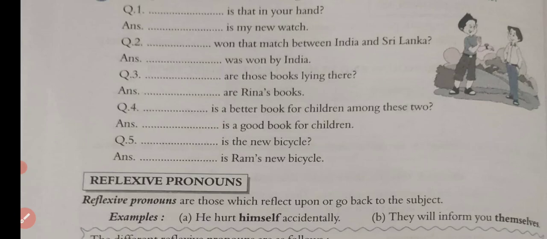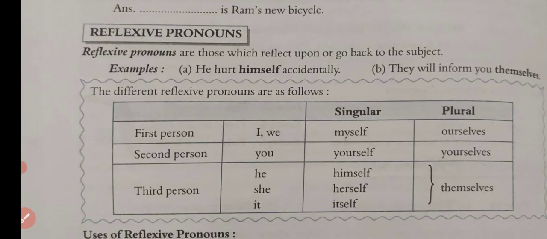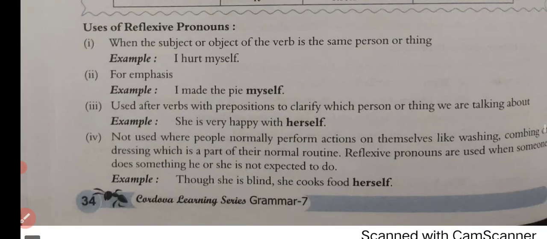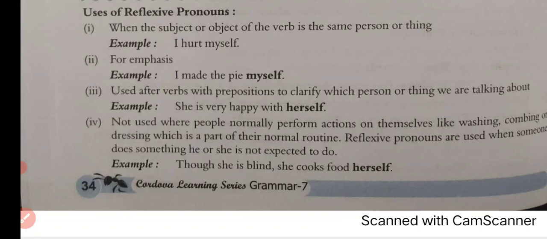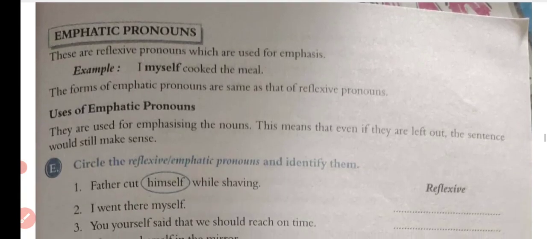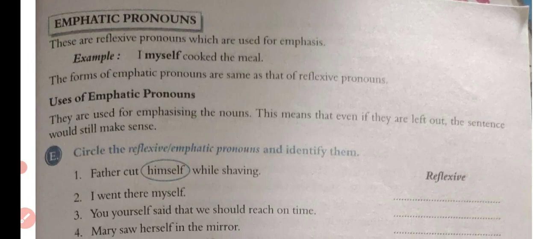One very important thing you have to note down here is that emphasizing pronouns emphasize the noun. This means that even if they are removed from the sentence, the sentence would still make sense.